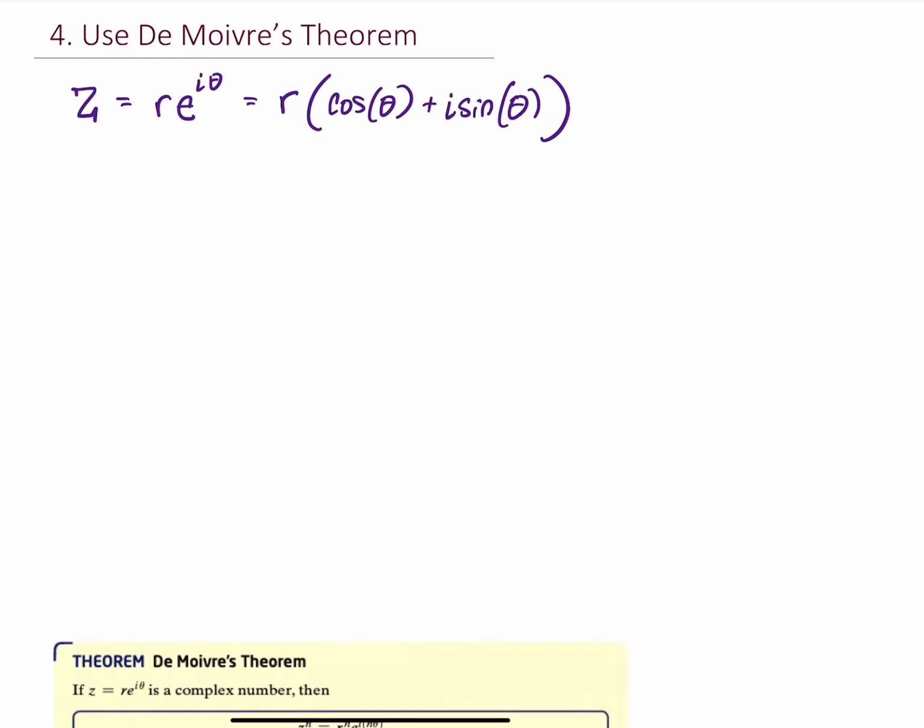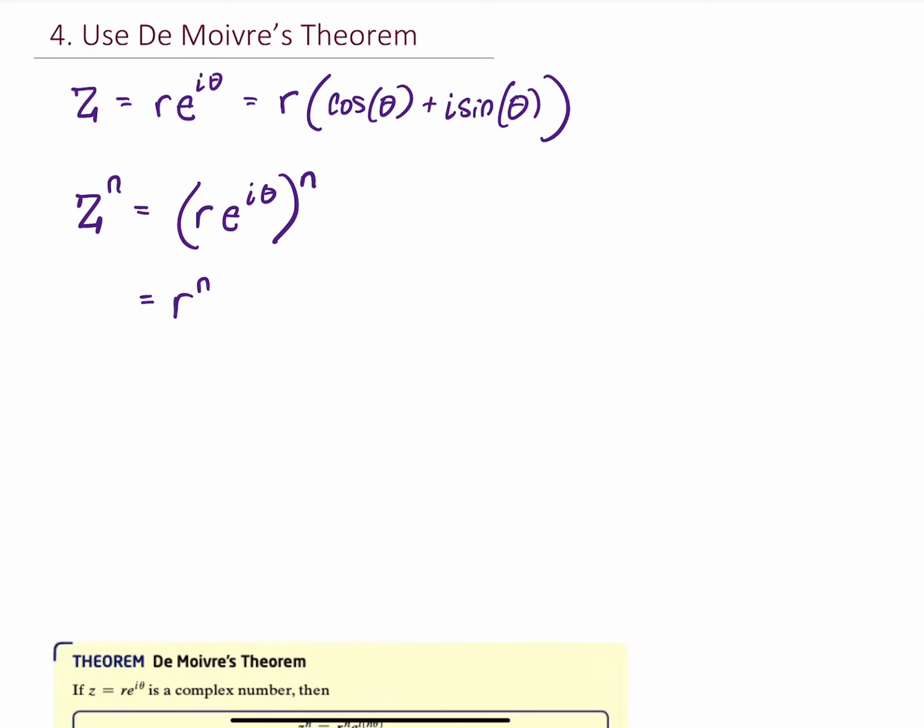So let's say we want to raise it to some power, z to the power of n. Well, let's take the exponential form. This would be r times e to the power of i theta, raised to the power n. The r and the exponential are multiplied inside the parentheses, so we can distribute this power.